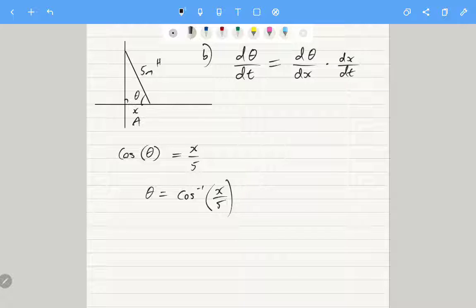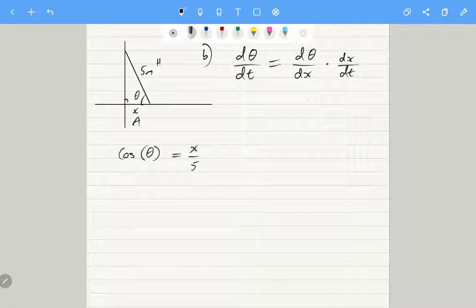But instead of trying to find d theta/dx, what if instead we found dx/d theta? Well, I think that could work, because if we then inverted that function, meaning putting it 1 over, we'd be able to work it out. So let's not do this silly step.